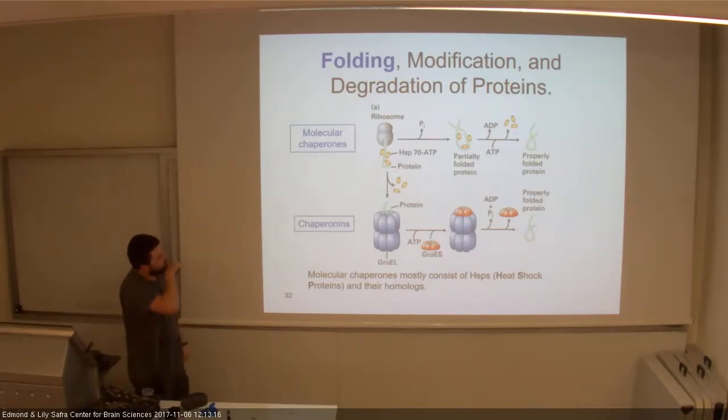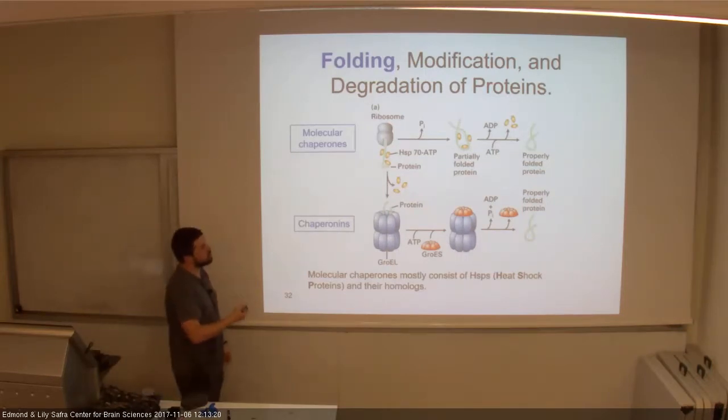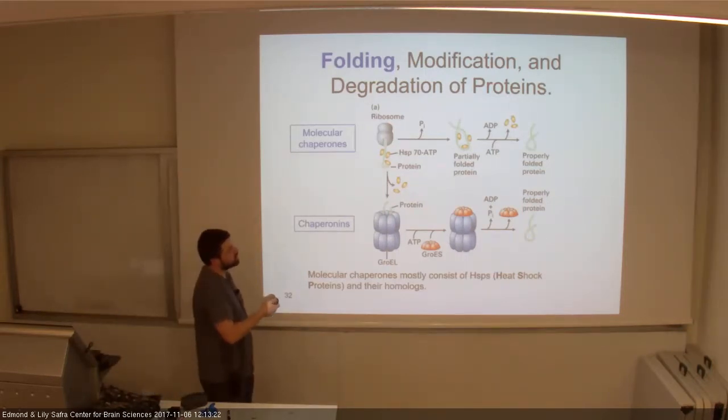So this process, again, like we'll see a lot of times, requires energy, and the energy is in terms of ATP. So after these bind together, before that they bind, they were attached to ATP.